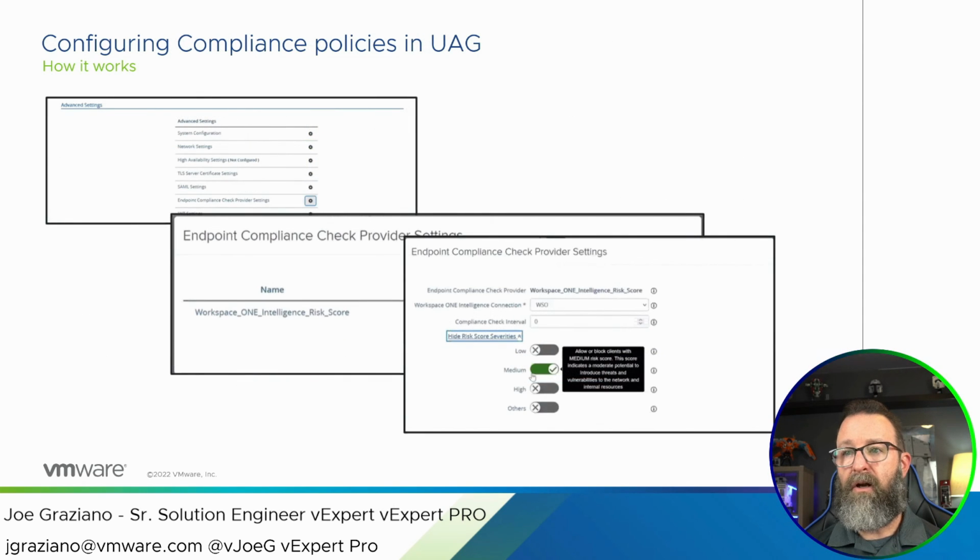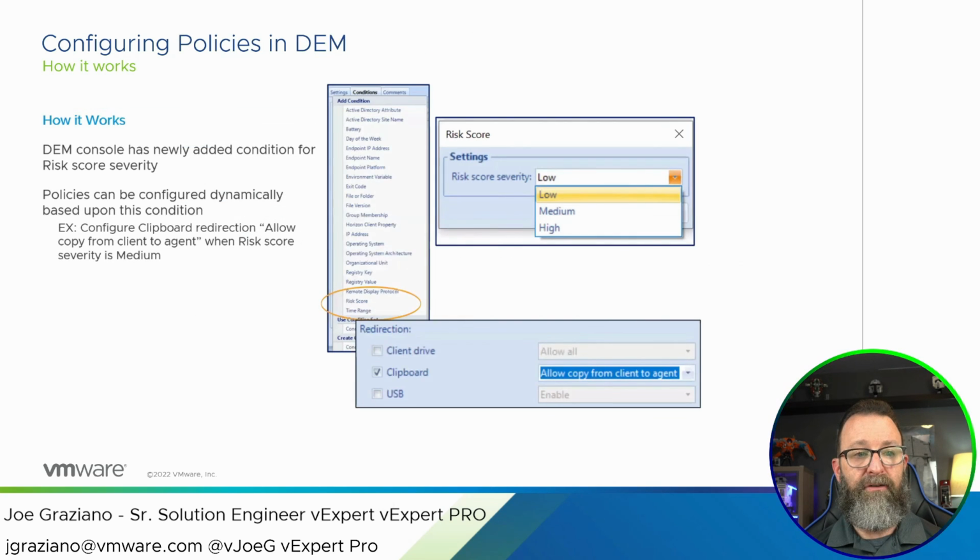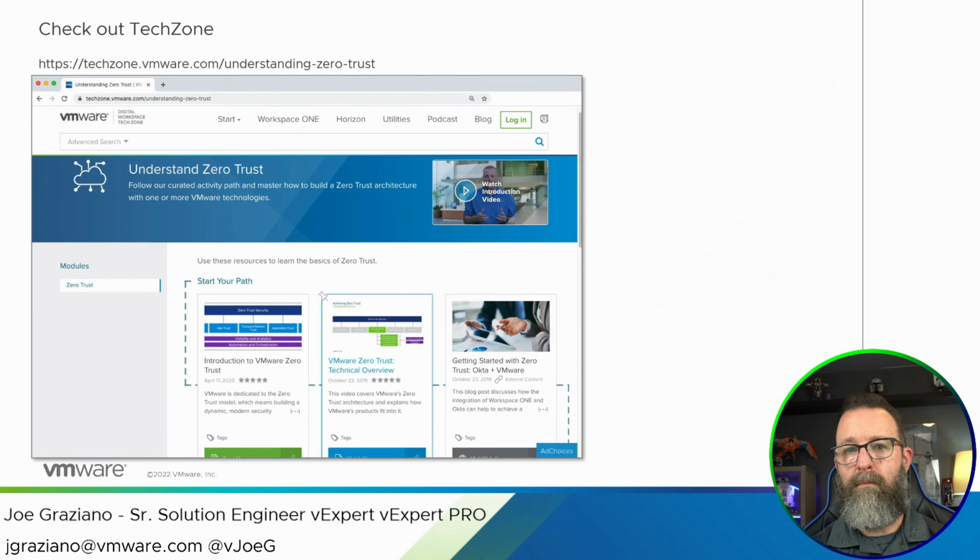As you can see here in the UAG settings, you can say a low, medium, high, or other risk score. Based on that performance from the UAG, you come into DEM, and if it's a low, allow clipboard copy. If it's a medium or high, you may not. So again, you've got more granular ability to prevent things from happening inside DEM based on the security posture of that device.